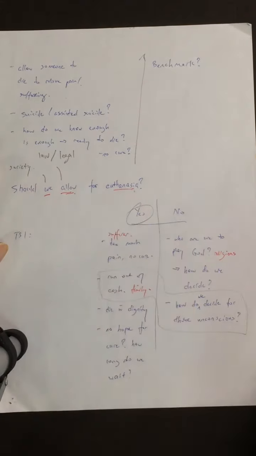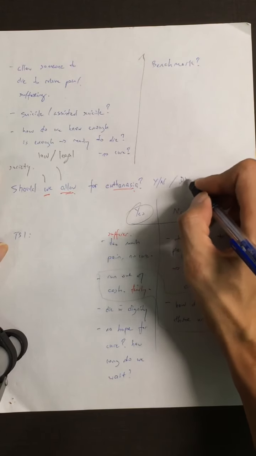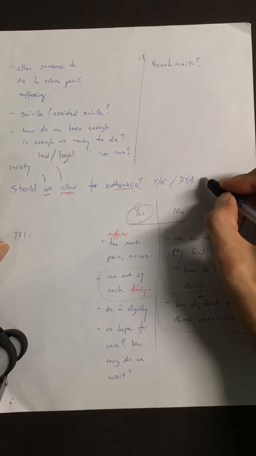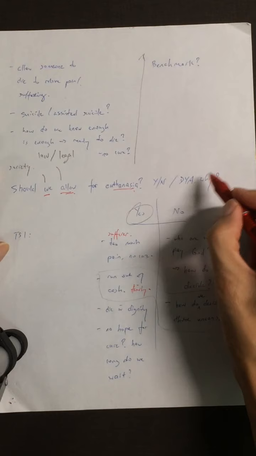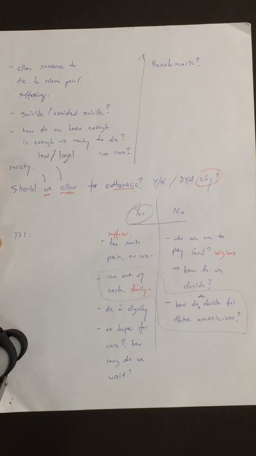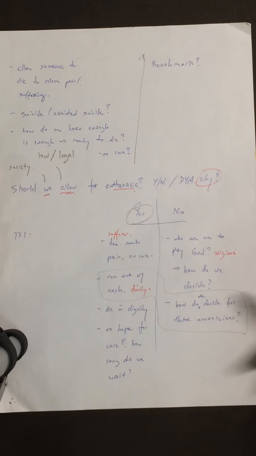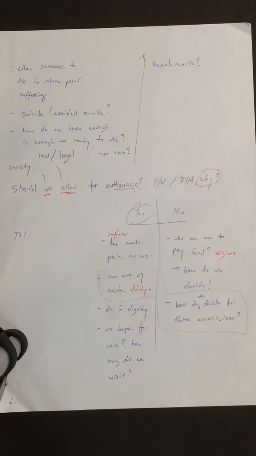Okay, should we allow for euthanasia? This one is a yes or a no question, or is a DYA. Okay, if yes, why? If no, why? Remember, I always say, if it is a yes or a no, I need to ask myself, why? So in this case, should we allow for euthanasia? I say yes. Okay, why? Because the sufferer is in too much pain and there is no cure, or maybe there is no possible cure. And we want to let this person just die, to relieve the pain.